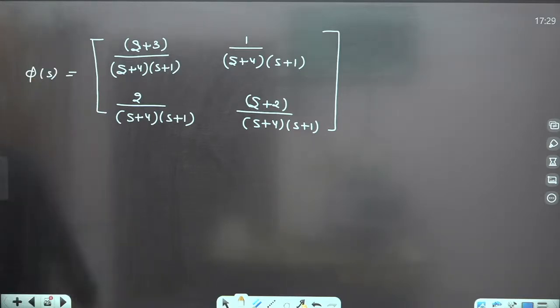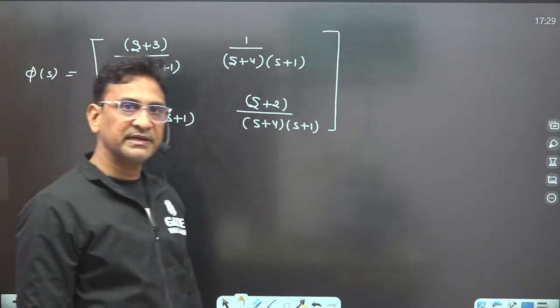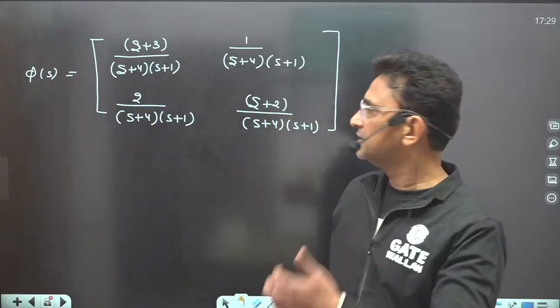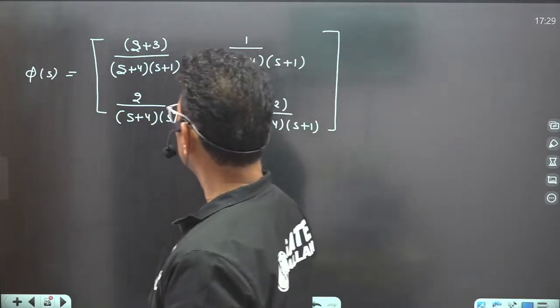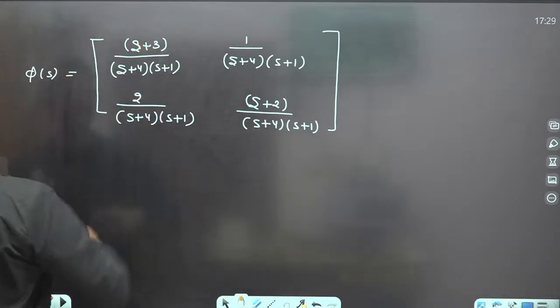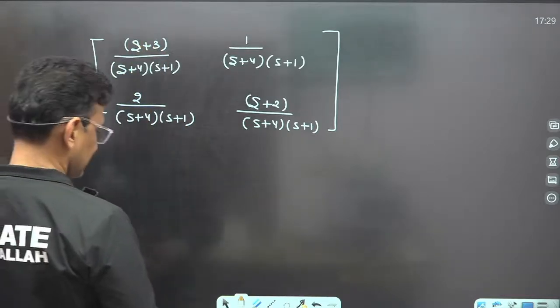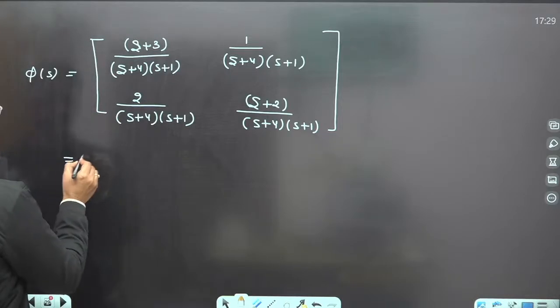Now we have to do the inverse Laplace of this matrix. How to find the inverse Laplace? For inverse Laplace, we have to do the partial fraction expansion. So what will be the partial fraction expansion of these terms?